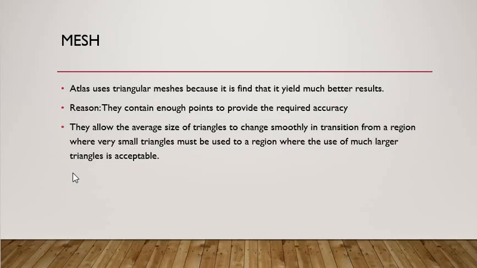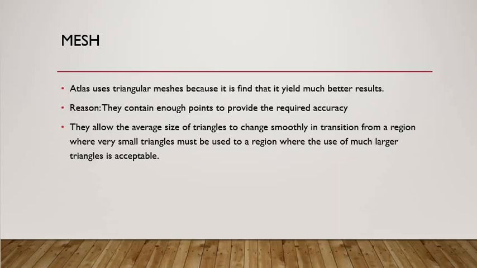It means that when you go from a small spacing, like 0.00001, to a larger spacing like 1 or 10, it goes through a transition: a small triangle, then a little bigger, a little bigger, and it goes like that. So it will be better in the case of the triangular one. So those are the reasons.